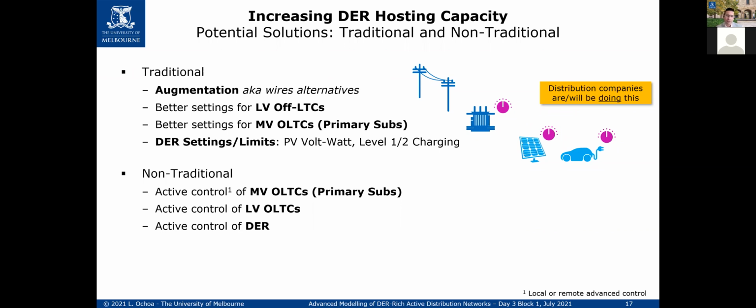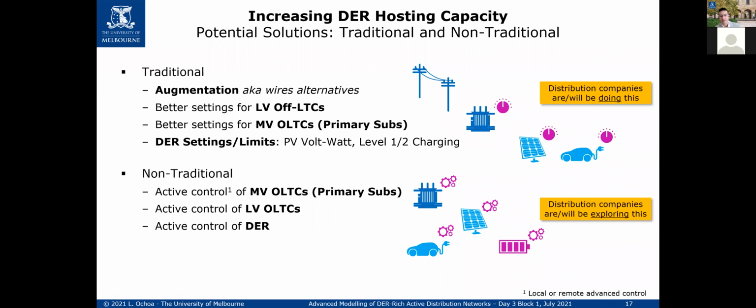And then we have the non-traditional ones, which of course, as you can see here, is active control, all right? So these are the sort of solutions that distribution companies are exploring or will be exploring as well, right? So again, it depends on the context of the world that you are in. When I say active control, that doesn't mean that it's all a centralized entity sending commands. It can be all local as well, but in a more advanced way, different from what we're doing today.